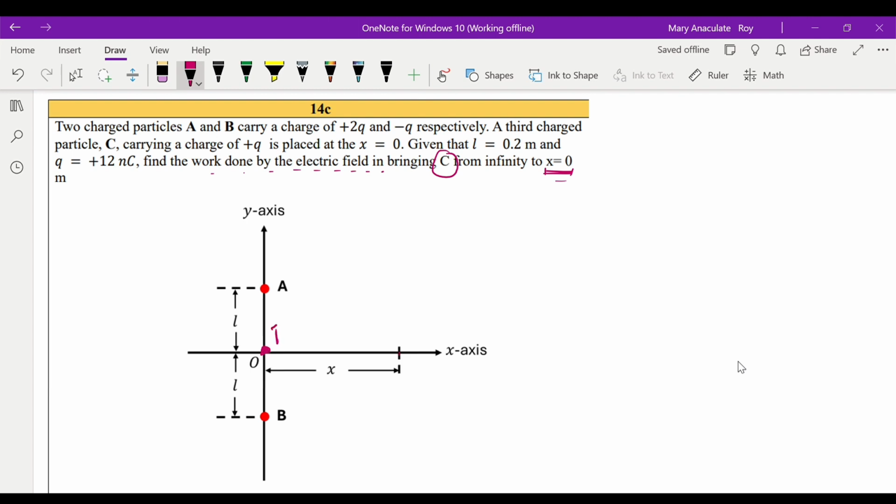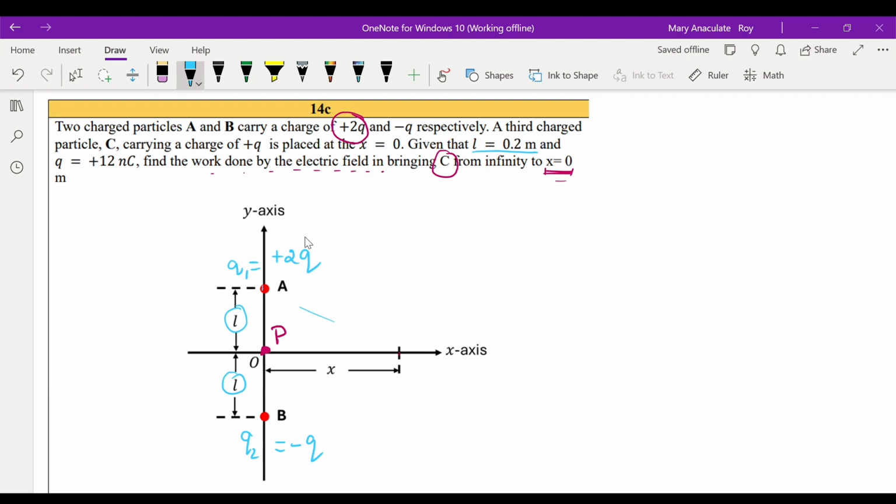Okay, so your point P is at the origin. And the first charge is plus Q, I'll use another color. Okay, this is Q1. If you take it as this is plus 2Q, and Q2 equals minus Q. And we don't need this distance; the distance of the first charge from P is L itself, the distance of the second charge is L itself, and they've given the L value to be 0.2.